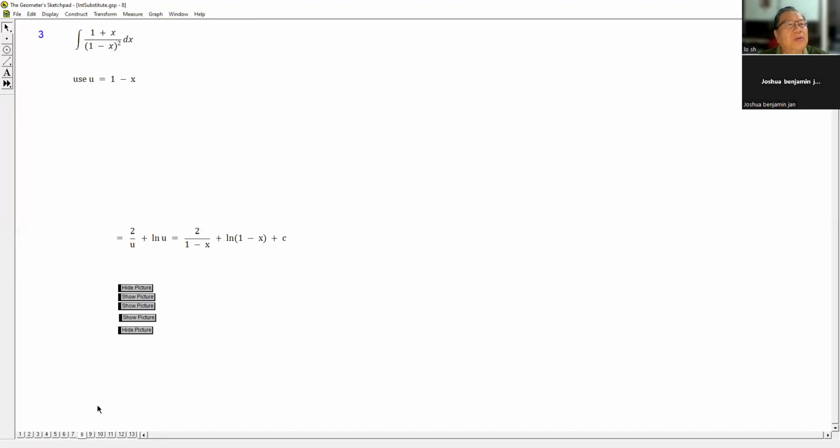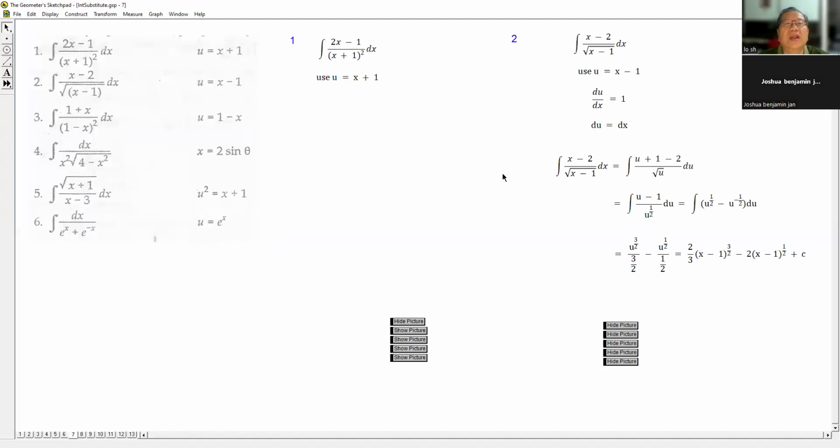Then also this one, no square root, so you just use u alone. So depending on the question, whether there is a square root or cube root, or no root at all, we choose a different type of substitution so that we can simplify the question and it becomes a function that is easy to integrate.